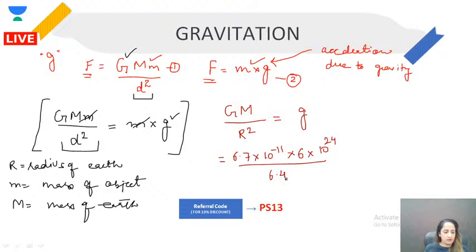If you are given this numerical, you will be given these values, don't worry. Once we calculate all this, it's easy to solve. So the value of this would be 9.8 meter per second square.